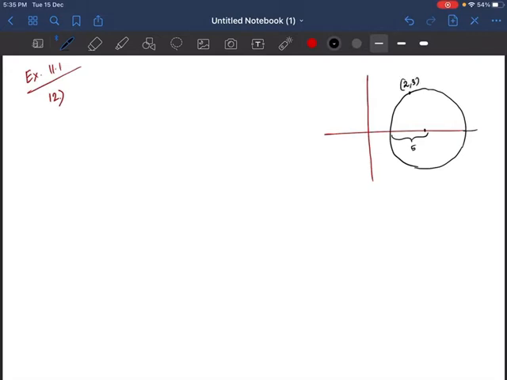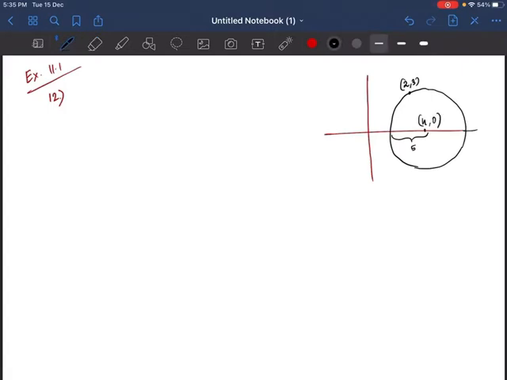So first thing, I will assume the center to be h, k. Now here, since it's on the x-axis, k will be 0, because on the x-axis the y value is 0. So basically my center will not be h, k, it will be h, 0.